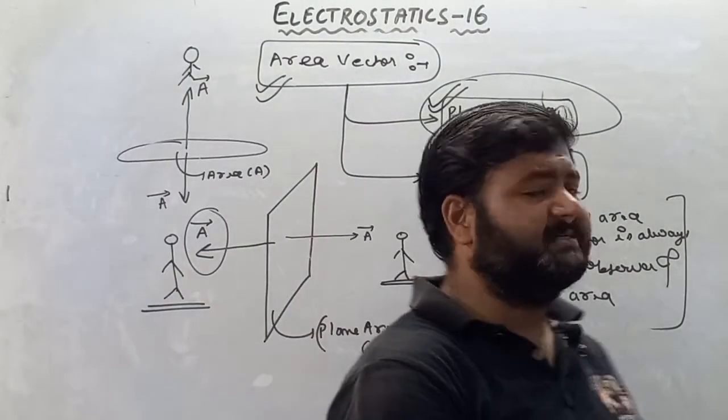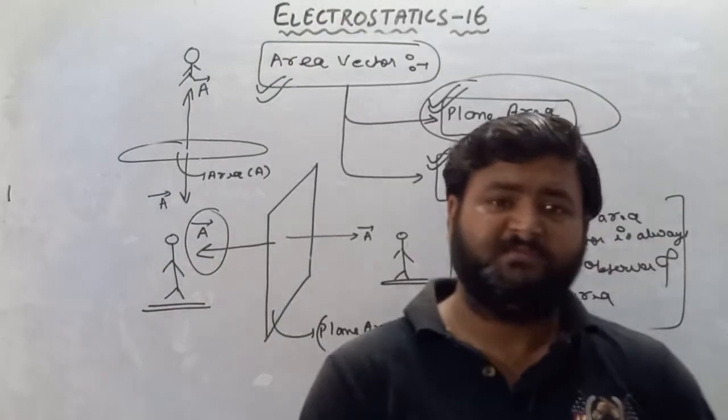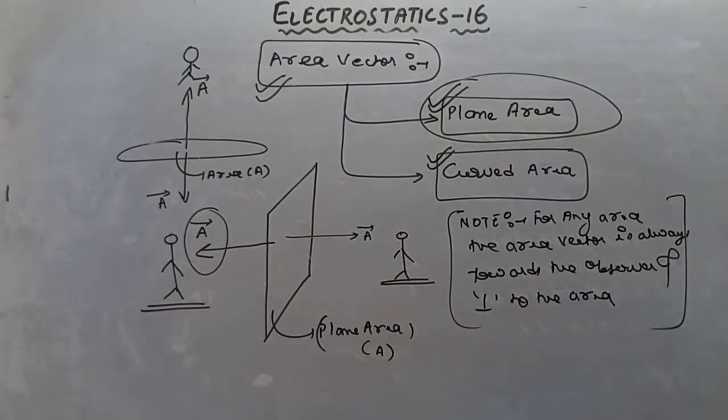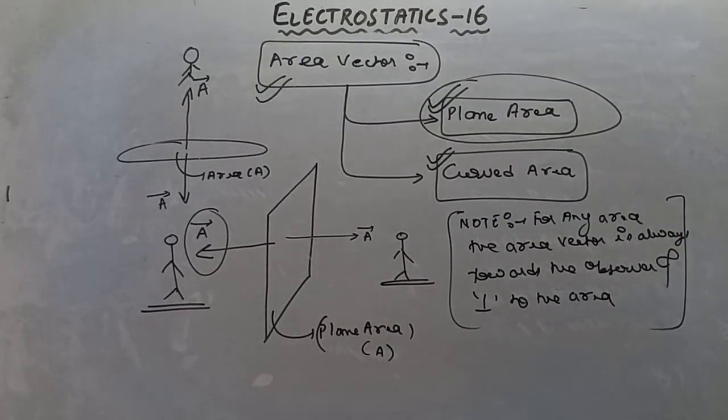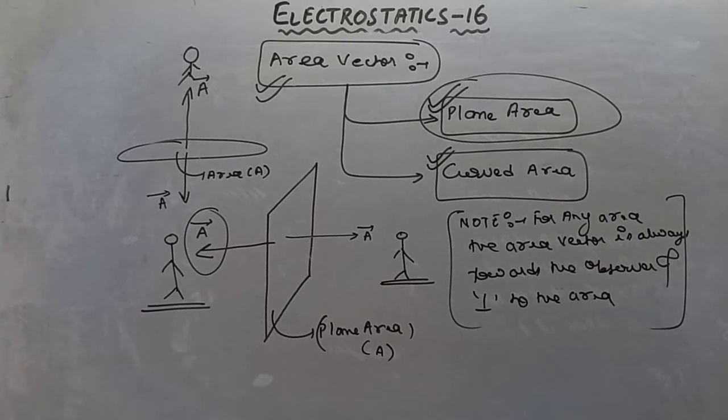So remember my dear student, for any area, I am talking about any plane area, not curved area, I am only talking about plane area. For any plane area, the area vector is always towards the observer and perpendicular to the area.